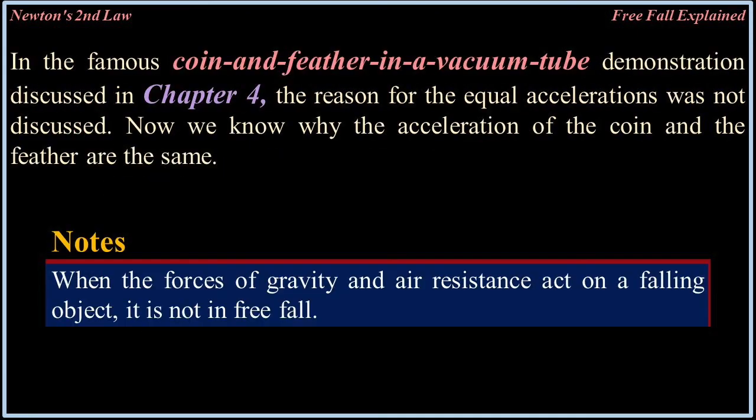In the famous coin and feather in a vacuum tube demonstration discussed in Chapter 4, the reason for an equal acceleration was not discussed. Now we know why the acceleration of the coin and the feather are the same. Note: when the force of gravity and air resistance act on a falling object, it is not in free fall.